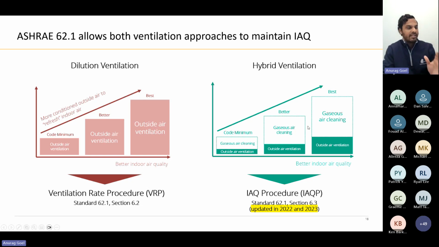So that concept is illustrated here, that we can find combinations of outdoor air and air cleaning to right size and often downsize our ventilation systems. So I also call the IAQP hybrid ventilation, and you may hear me refer to this as hybrid ventilation later on.